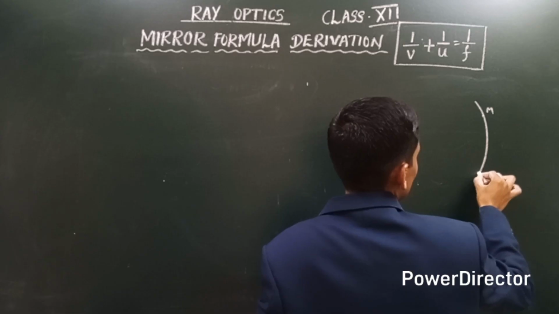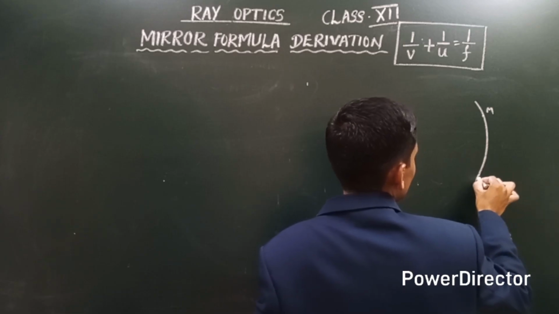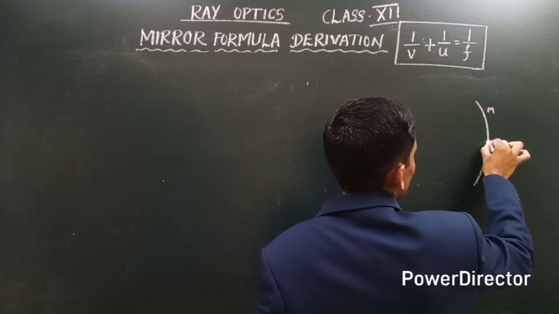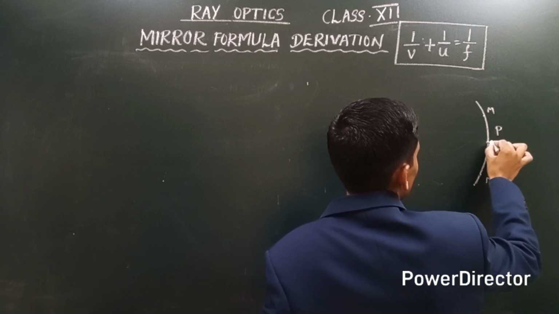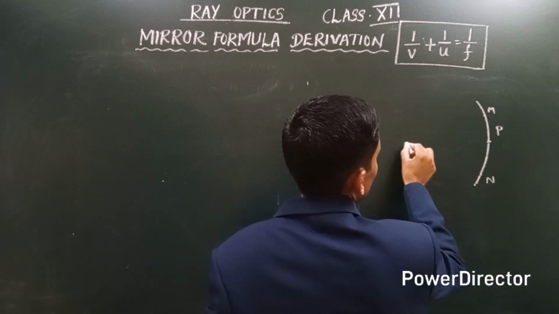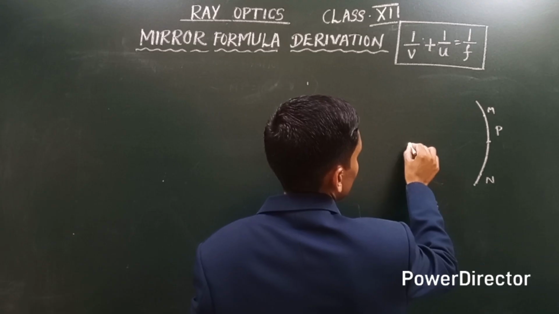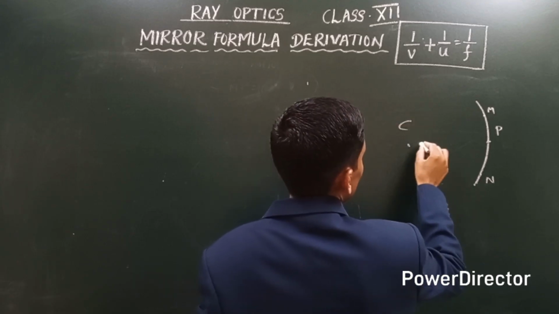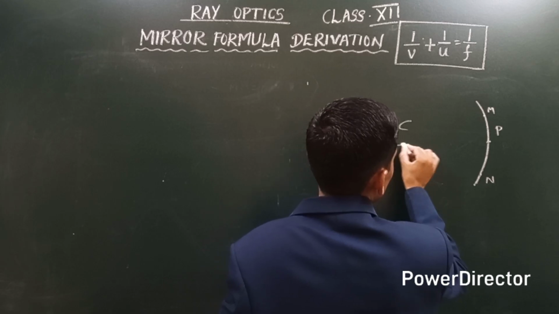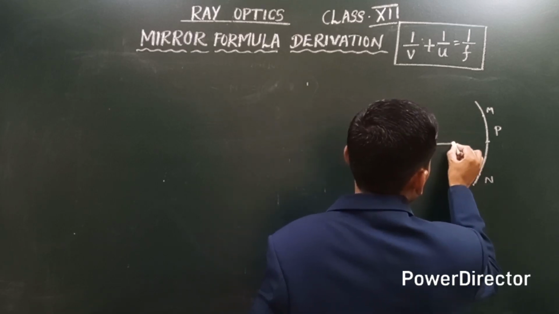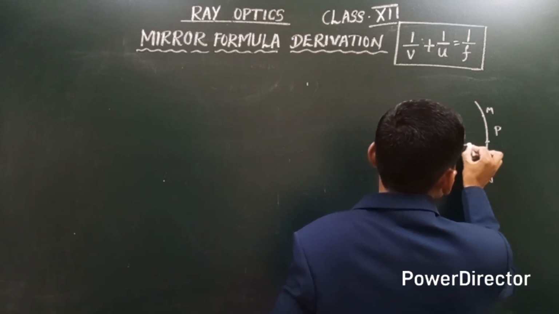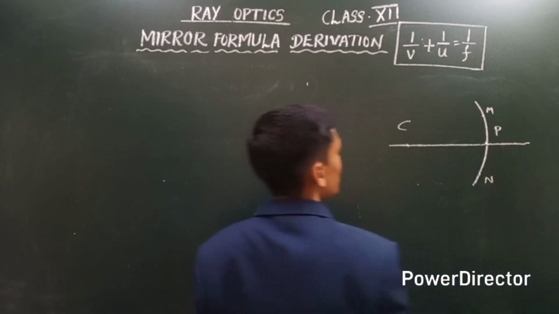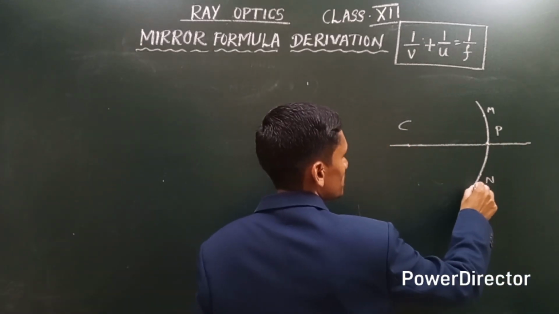Let P be the pole of the mirror, and C be the center of curvature of the mirror. If you draw a line passing through the center of curvature and the pole of the mirror, that is the principal axis.